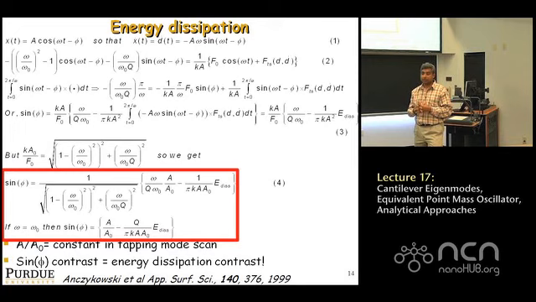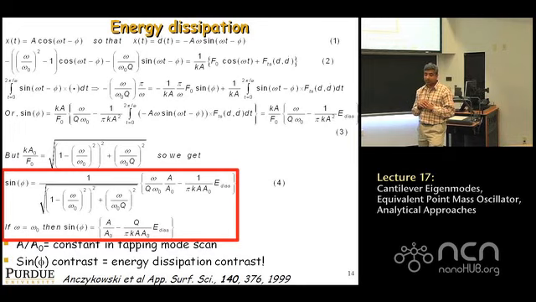It's power, right? Force times velocity is power. Rate of doing work, effectively, is power. So when you integrate power over an oscillation cycle, it's total work done. So what that integral term is telling you is the work done by the tip-sample interaction force on the cantilever.